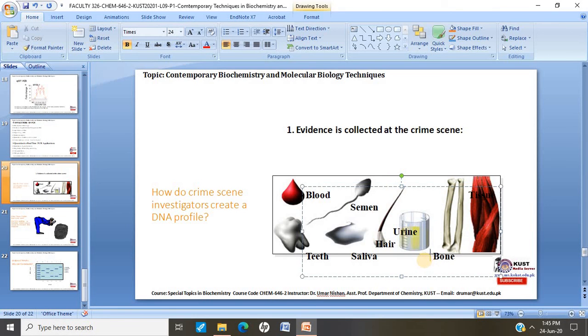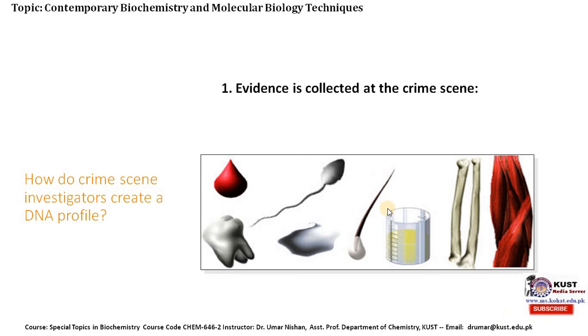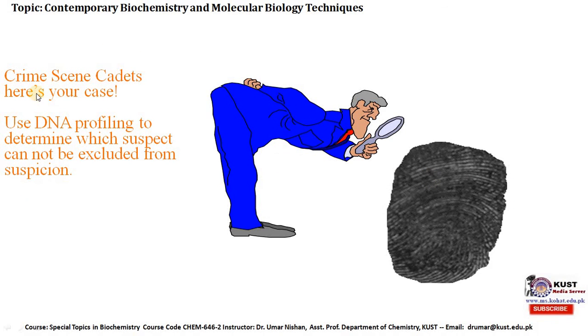Sorry about that. So these are the different samples that can be collected from a crime scene. And now for crime scene cadets, here's your case. Use DNA profiling to determine which suspect cannot be excluded from suspicion.